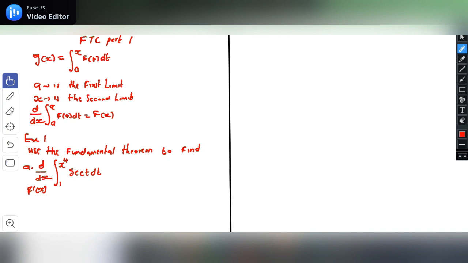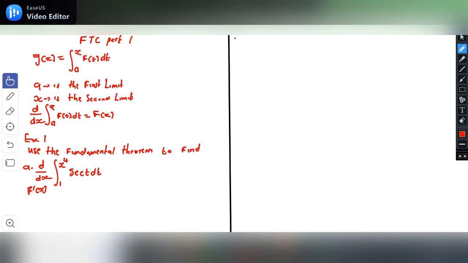You can see the function is in terms of what? Of t. So most of the time the function in the fundamental theorem of calculus part 1 is always in terms of t. The basic idea behind part 1 of the fundamental theorem is that we mostly replace t with x. Sometimes they might put b, so it means that we replace t with b, right? So that's how you're going to know that this one is the fundamental theorem of calculus part 1.